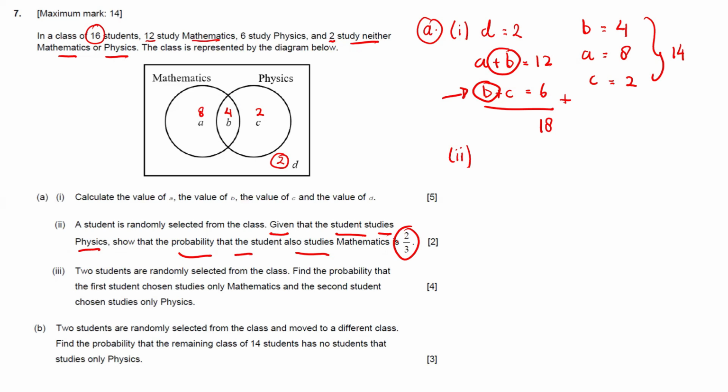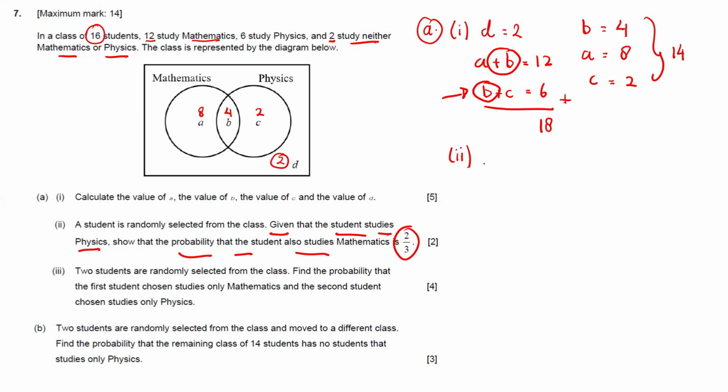So we want to find the probability that the student studies mathematics given that the student is studying physics. So it means our total is just from the students that study physics. Again, our total is only from the students who study physics. So we're not taking it from the whole population here, but only from students who study physics.